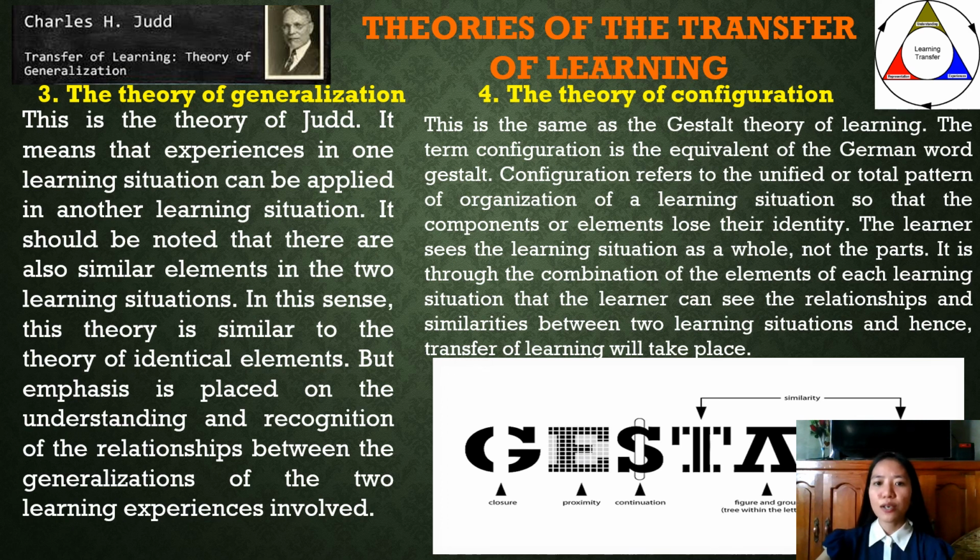It is through the combination of the elements of each learning situation that the learner can see the relationships and similarities between two learning situations, and hence, transfer of learning will take place. Take the two courses, nursing and medicine. Medicine as a whole is analyzing an illness and prescribing its cure.